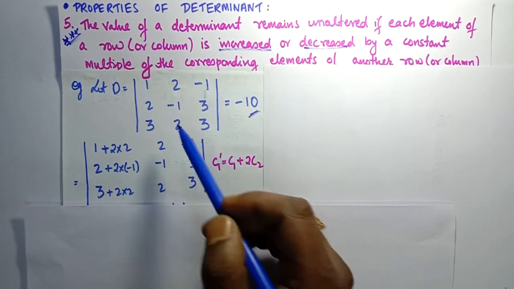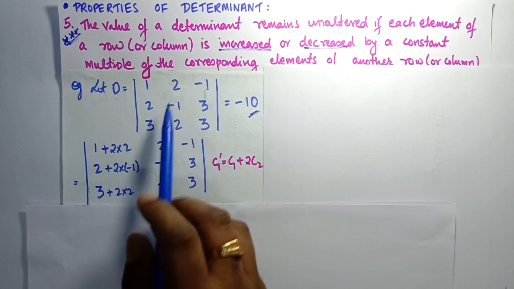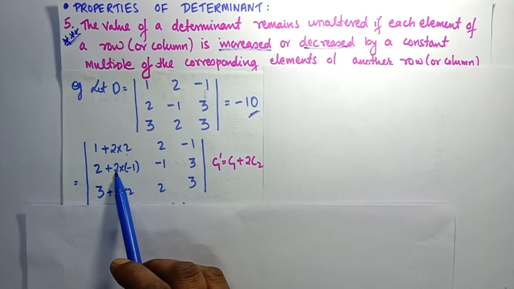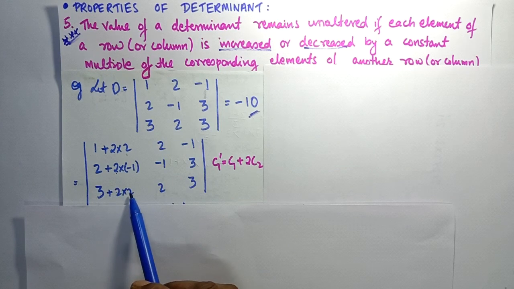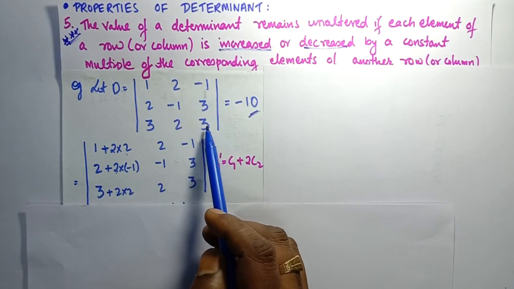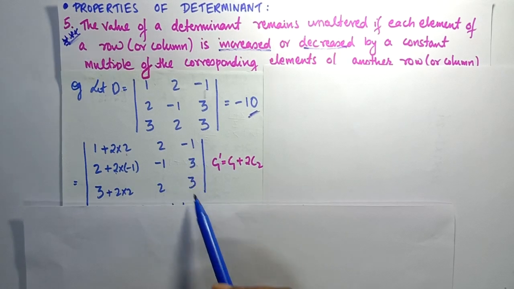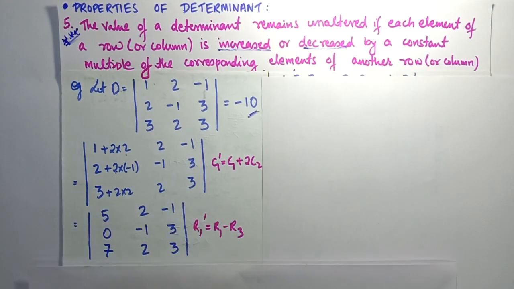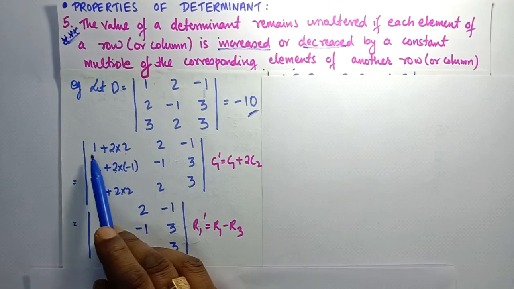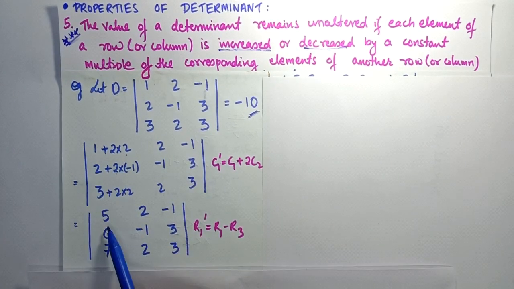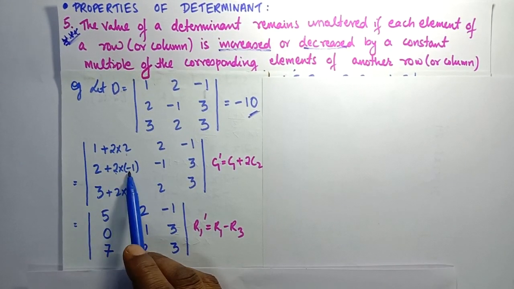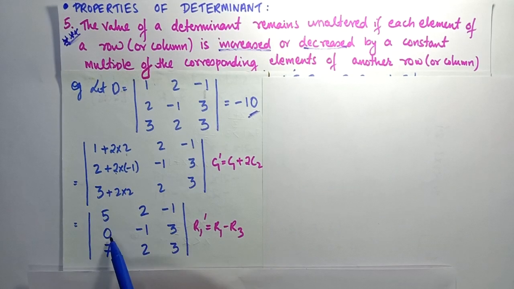Now in C2, I am multiplying by 2, so 2 into 2, 2 into minus 1, 2 into 2, and this second column and the third column I'll write as it is, 2 minus 1 2 minus 1 3 3. Now what happened in this is that you can see 1 2 2s are 4, 4 plus 1 is your 5, so plus minus is minus, so 2 minus 2 is your 0, 3 plus 4 is your 7. So column 2 and column 3 as it is.